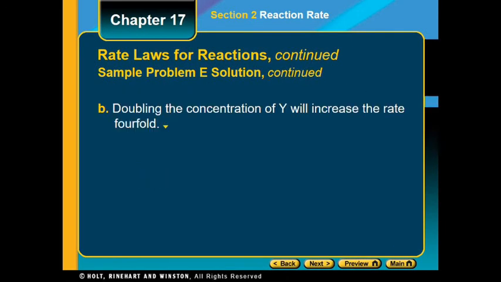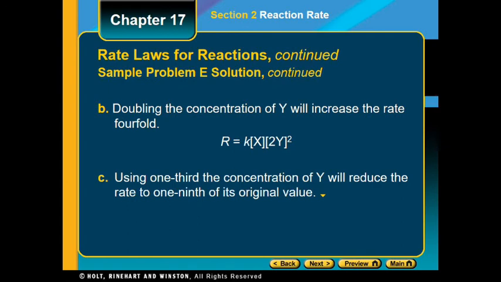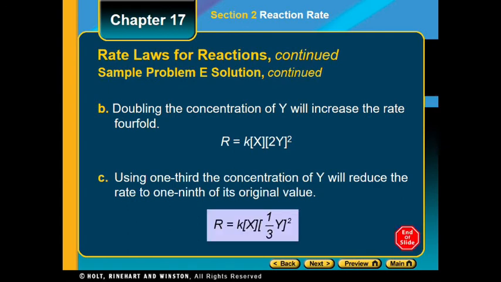If we were doubling the concentration of Y, it would actually increase the rate 4-fold, because once you put in your 2 here, that also gets squared whenever you follow through with your math. So 2 squared is 4. That's why they're saying 4-fold. And if you use 1/3 the concentration of Y, it would look like this. It would reduce your rate by 1/9, because once you do 1/3 squared, that gives you 1/9.